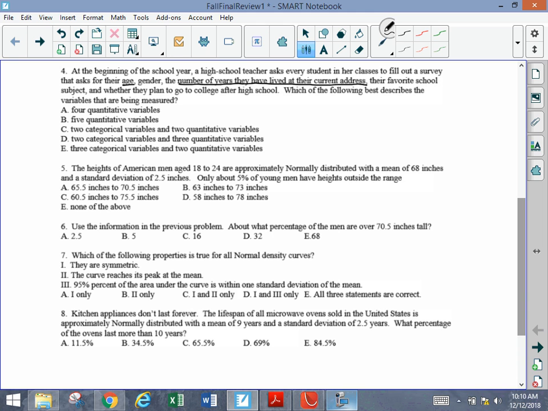Is age quantitative or categorical? Age is definitely a number that I could divide and find a mean of and all that. So we've got two quantitative, so I'm looking at either this one or this one. How many categorical are there? So there's 1, 2, 3.